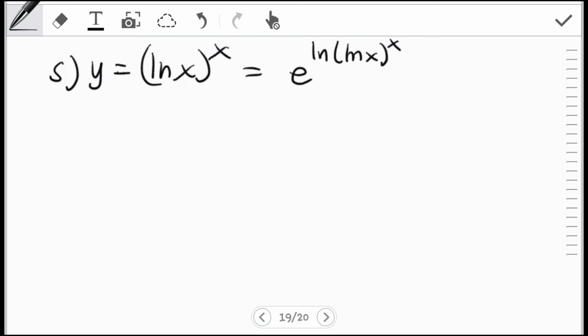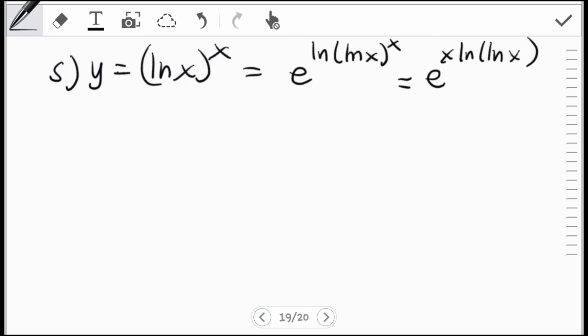So that is e to the power ln of the quantity ln x to the power x. Therefore, e to the power x ln, then ln x, like that.